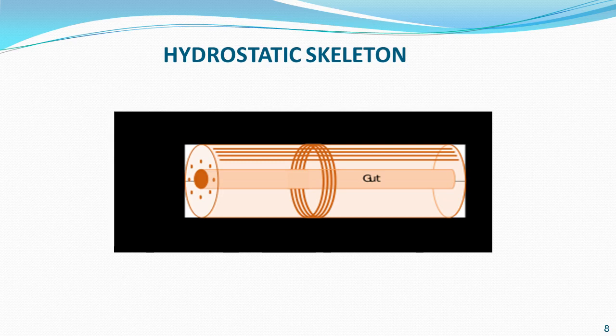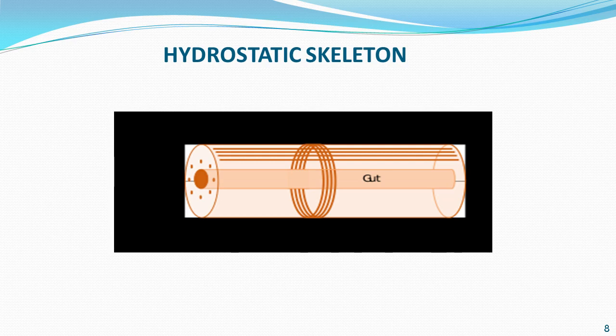Understand? And can you watch here? The outermost region is the wall. Then there are two types of muscle: one is longitudinal muscle, shown as a straight line, and the second one is circular muscle, shown in a cyclical shape. In the center the gut is there, that is the digestive system. In between the digestive system and the body wall there is a fluid.